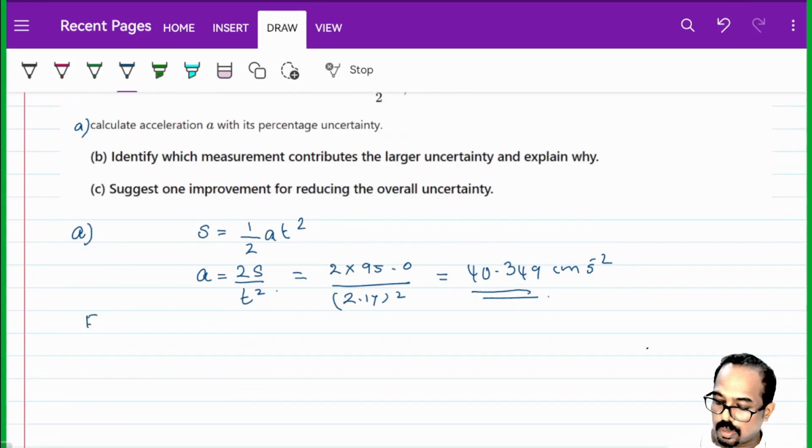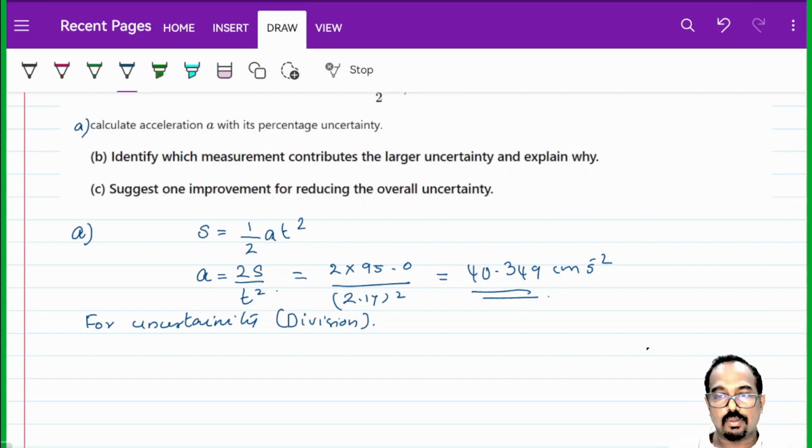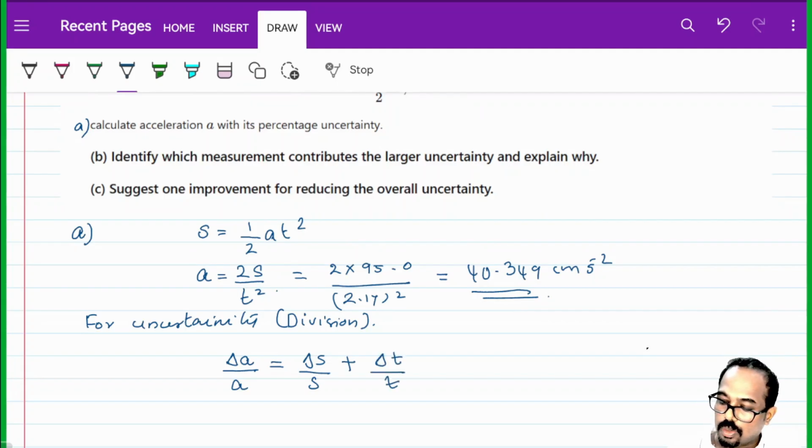For uncertainty, division rule: for division, you add the fractional uncertainty. So the fractional uncertainty in acceleration is the fractional uncertainty in the distance measurement, delta S upon S, plus the fractional uncertainty in the time measurement, delta T by T, and you need to multiply by the power.